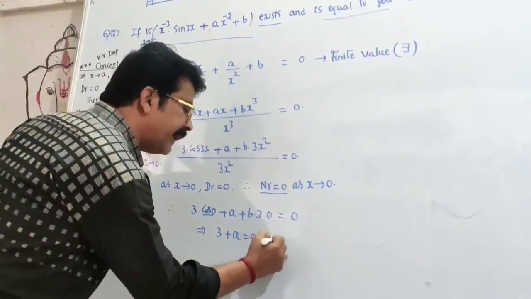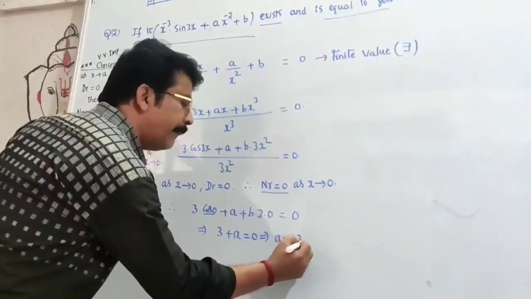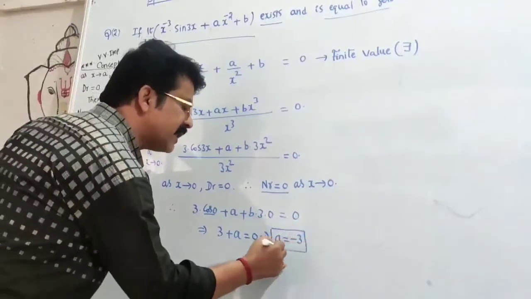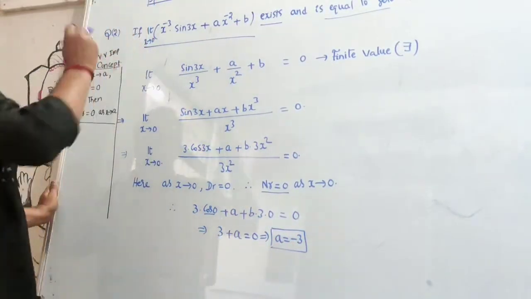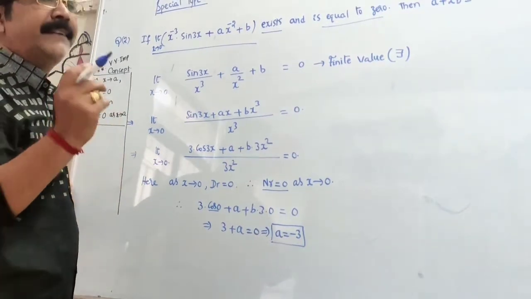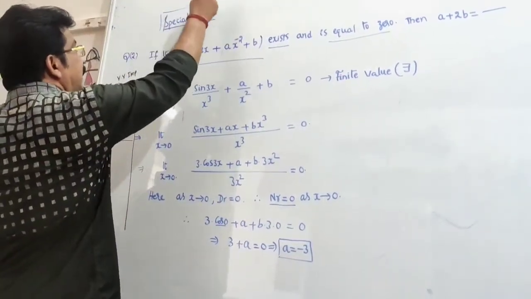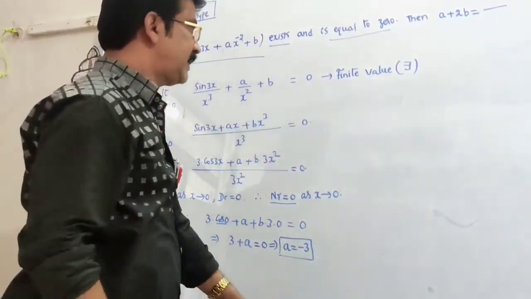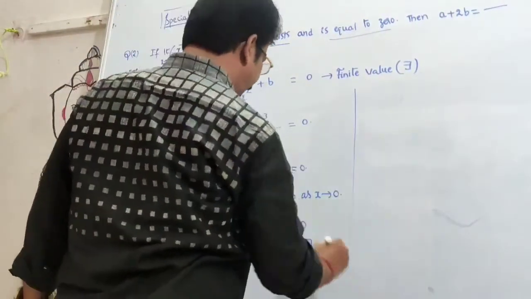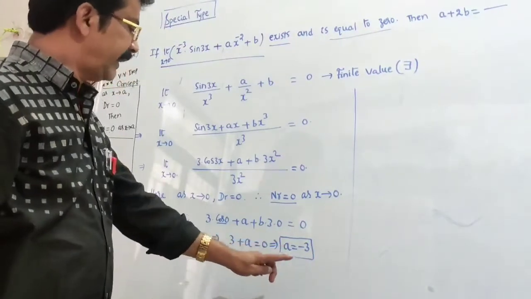So that implies a is equal to minus 3. In this section, in this special type of questions, we are learning different things. Remember, that's why I said the heading special kind of questions. Okay, we got a value minus 3.